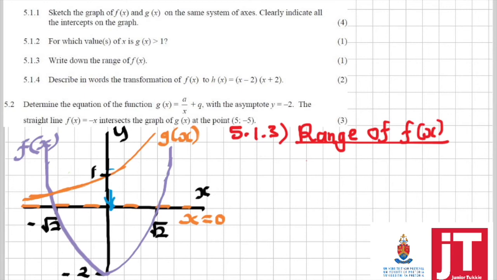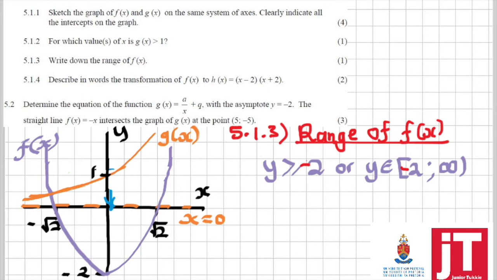So we're going to say our range is y greater or equal to minus 2, and not plus 2. So it's minus 2 up to infinity. So y is greater or equal to minus 2, or y an element of minus 2 included up to positive infinity, not included.